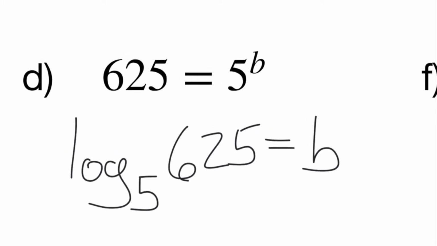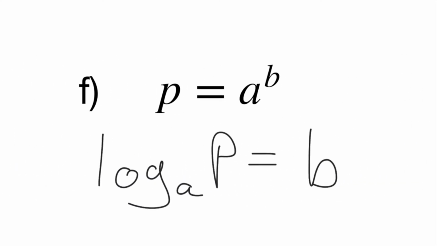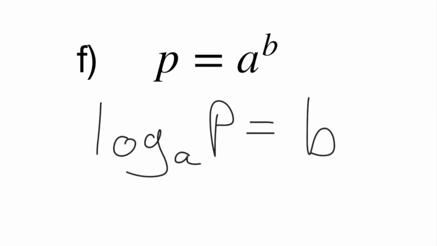Here, converting this one, we've got the base is 5, the power is 625, and if you take the log base 5 of 625, you should get the exponent. The exponent goes on the outside, on the other side of the logarithm. Log base a of p is going to give you b. Exponent, base, power.